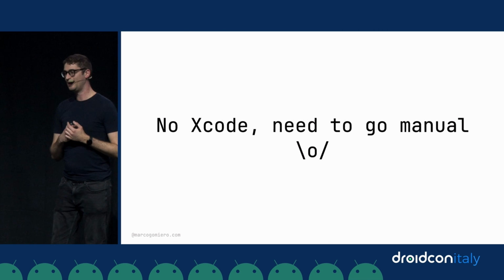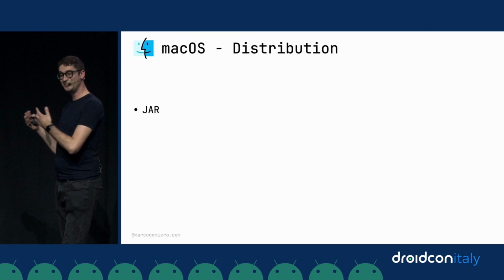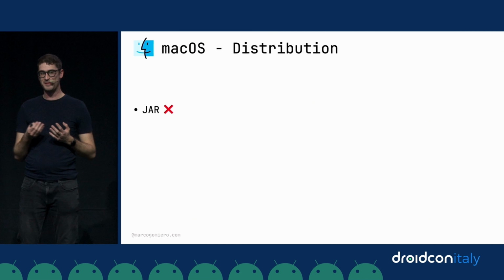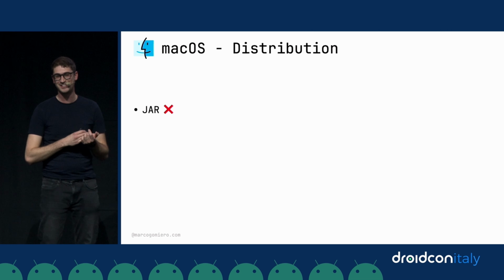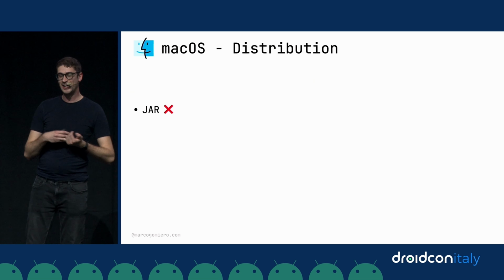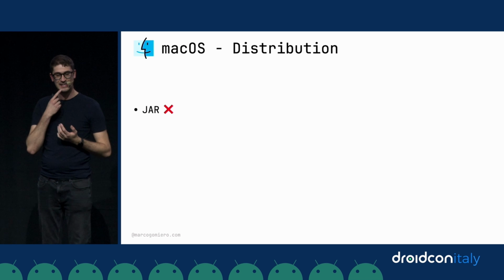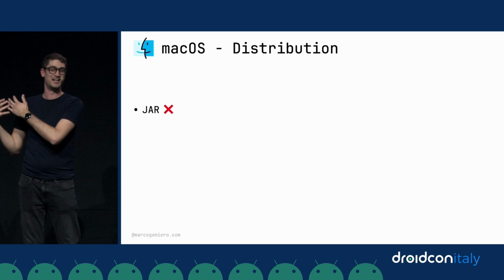For the distribution, there are different possibilities in this case because we are on the JVM. You could, for example, distribute a jar, but it's not the most user-friendly thing to ask users to start your jar or assume that they know what a jar is and what a JVM is.